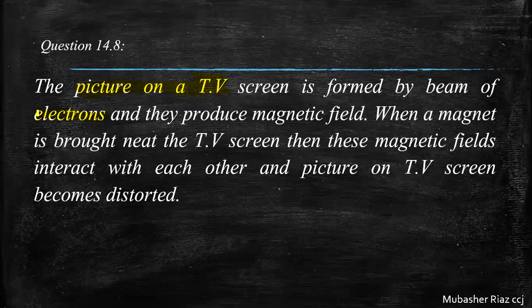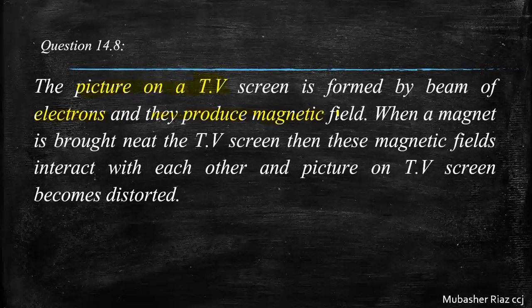जैसा CRO में हमने पढ़ा कि when electrons move towards the fluorescent screen, they produce visible spot on the screen. Similarly, in case of TV's picture is formed by the beam of electrons and they also produce magnetic field. Those electrons, they also producing magnetic field on the screen.